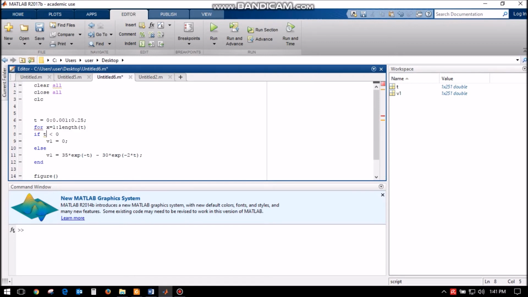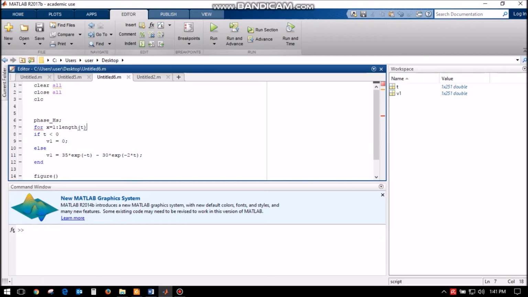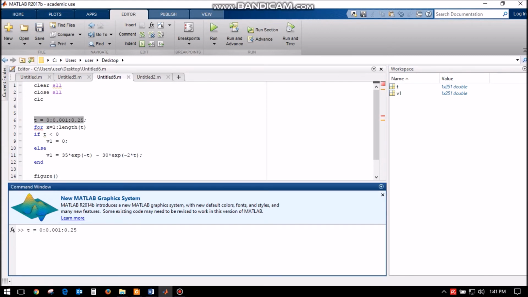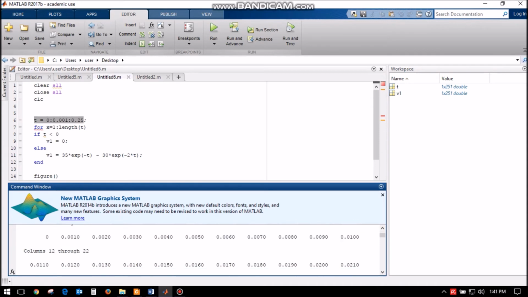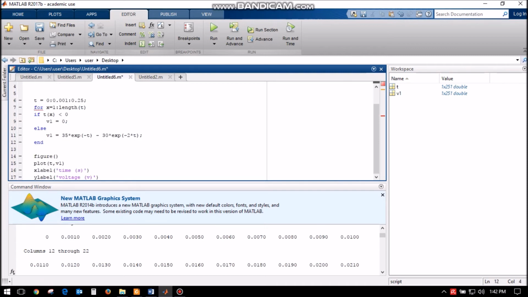Because we have so many t values here, we have to tell MATLAB which t it actually refers to, from the first one to the total length. If we use for, we have to put n here.